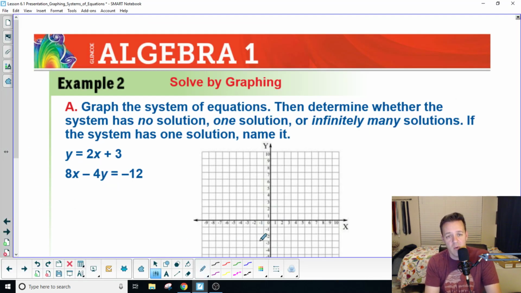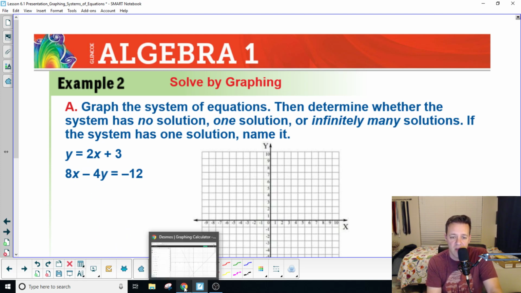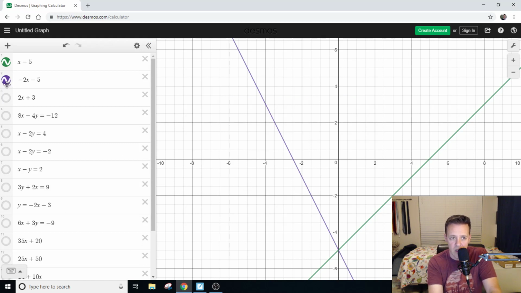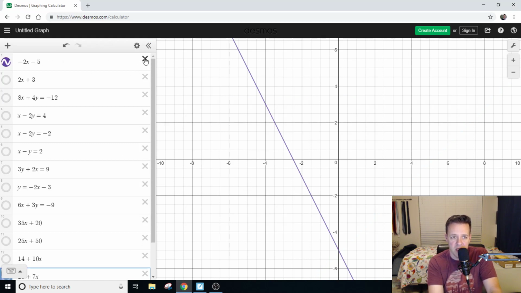Now we're going to talk about simple graphing of a system of equations and then determine whether there is no solution, one, or infinite. Pretty basic. And if it has a solution, then name it. On Desmos, I want you to graph these straight up. Let me delete these two equations.